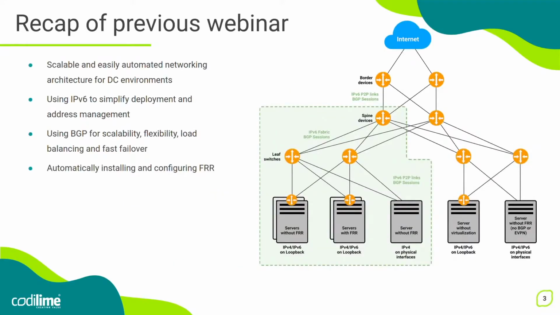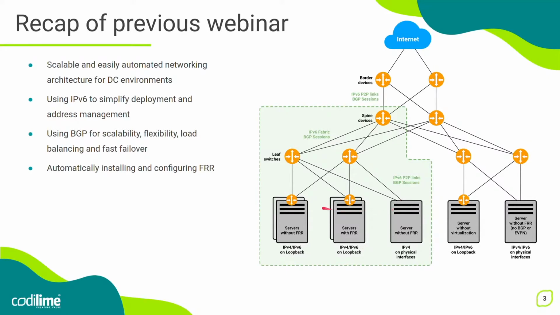Right, so let's start by revising the set of mechanisms that we have introduced during the first webinar, as this is something that we will build upon and extend today. So what we did is we used so-called IP version 6 link local addresses. This allowed us to automatically assign IP addresses for the interfaces interconnecting the networking devices and also for the interfaces between the leaf switches and the servers.